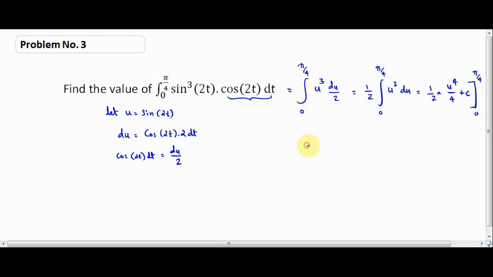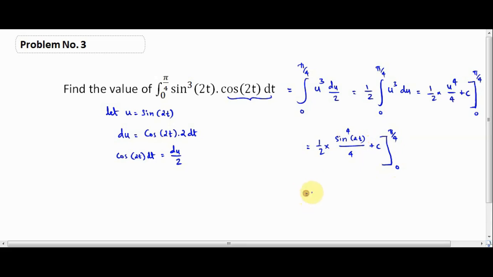We get the integral value as 1 by 2 into (sine 2t) whole raised to 4 by 4 plus c, with lower limit 0 and upper limit pi by 4. Now let's apply the limits.